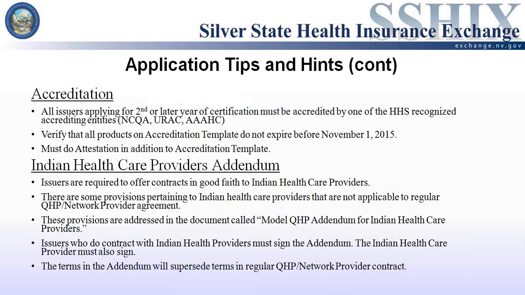There is a form you can use. You're not required to use that specific form. It's called the Model QHP Addendum for Indian Healthcare Providers, but that does contain the terms, and for contractual purposes, that's probably the best form to use. And those terms will supersede any terms in the regular QHP network provider contract.